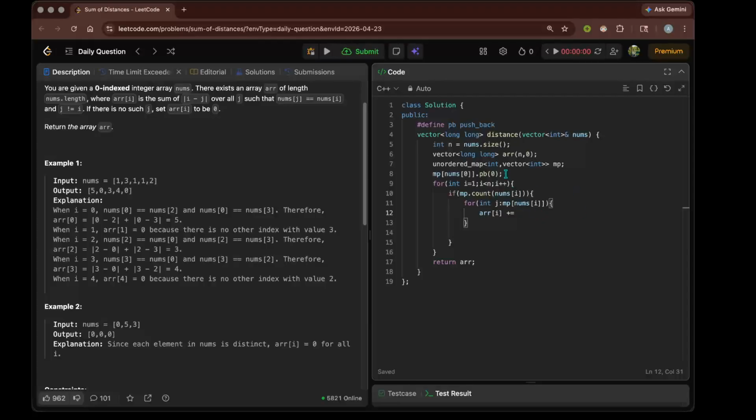We should add the indexes that we have found.